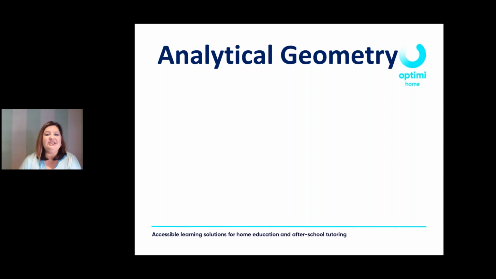Analytical geometry is a bit different, even though we do refer to perpendicular and parallel lines, but that is actually clues that they give you to information that you might need to answer your questions. Right, analytical geometry will also be found in paper 2. You will not see any analytical geometry in paper 1.